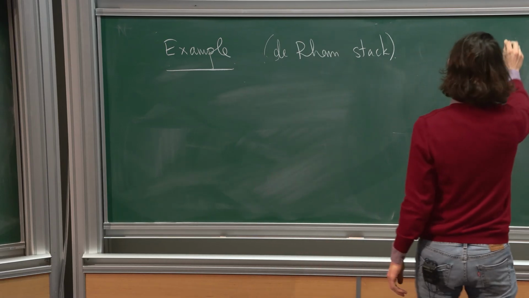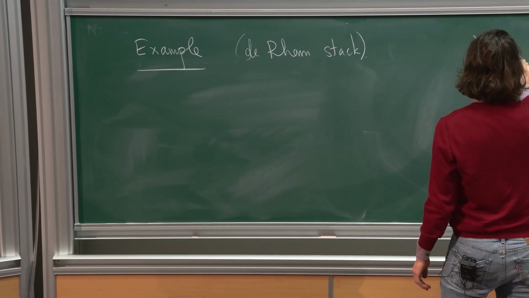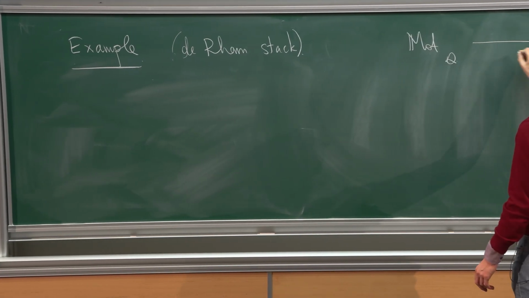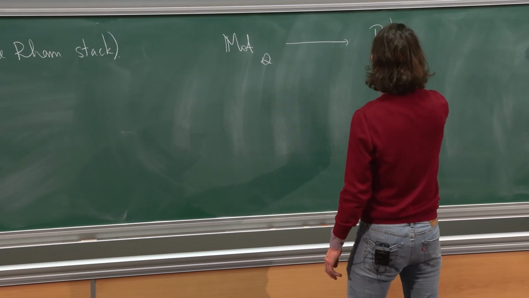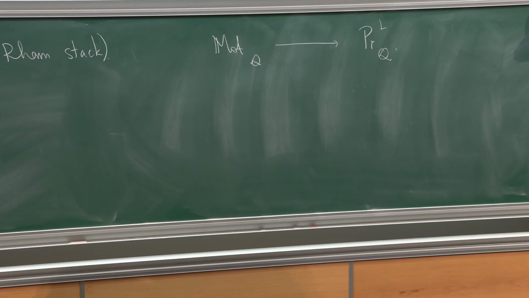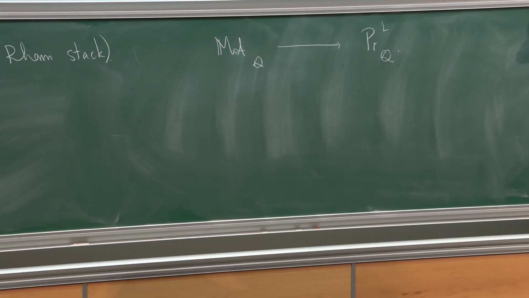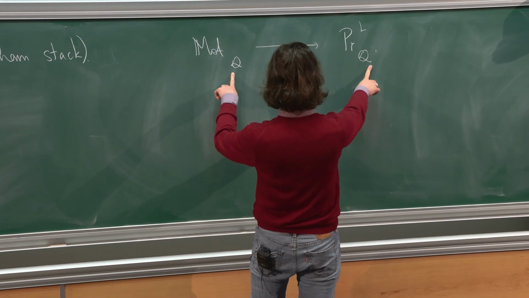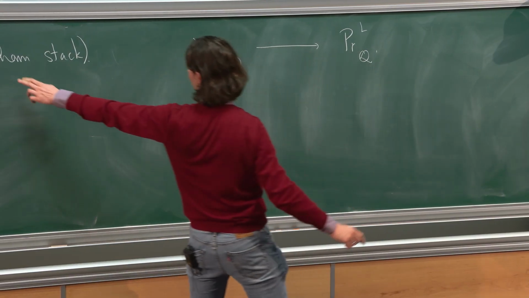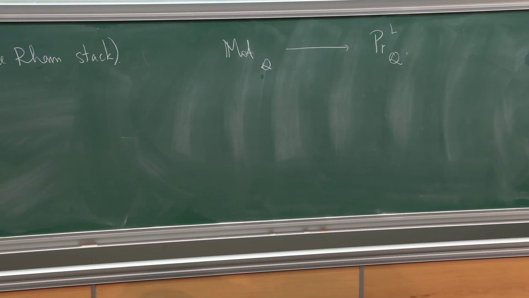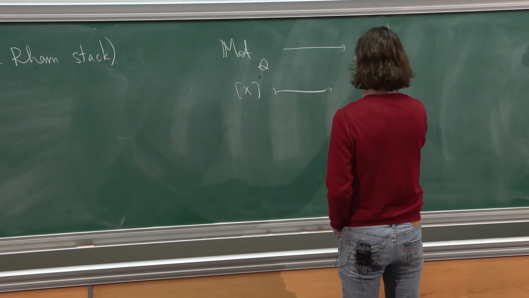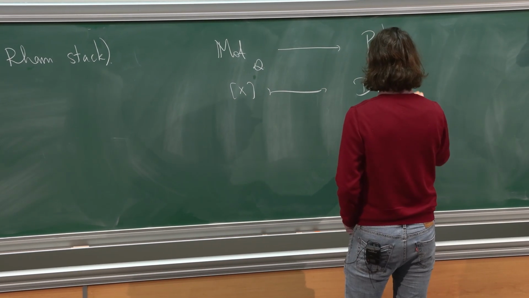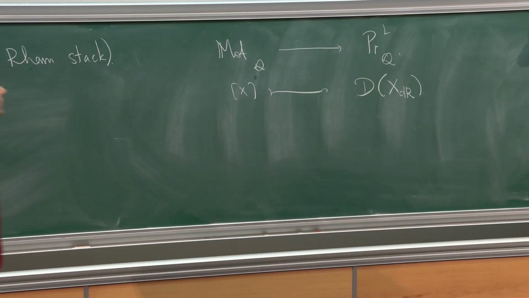So you might hope that if you do motives over Q, then you can definitely write down a functor to Q-linear presentable stable infinity categories. So now suddenly the base and the coefficients are the same, but that's because I'm in the de Rham setting, where you send any X to the derived category of the de Rham stack. You might think that this should be a functor.